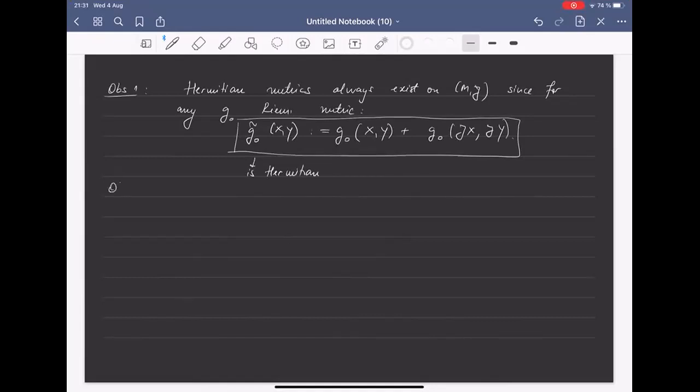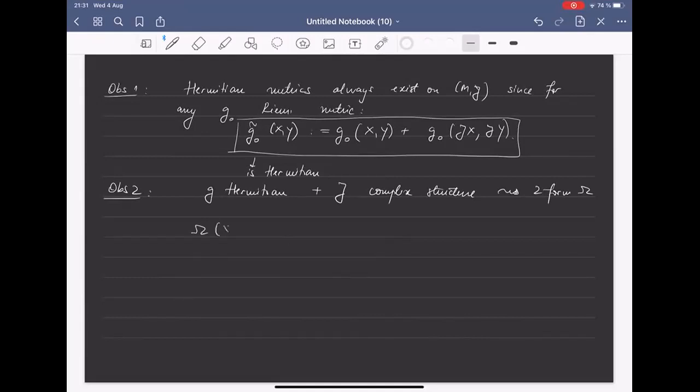The second remark is that out of a Hermitian metric and a complex structure, we can cook up a two form that is called the fundamental form of the metric. So G Hermitian plus J complex structure will produce a two form omega in the following way.